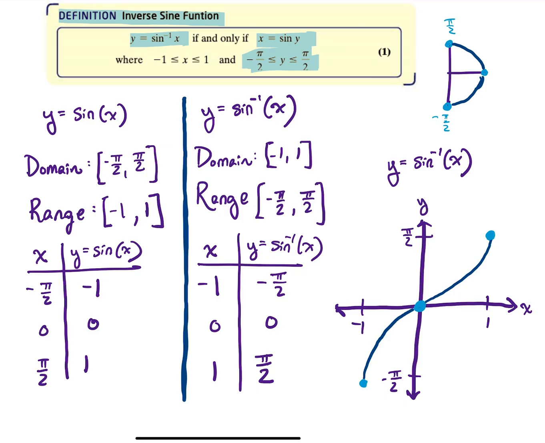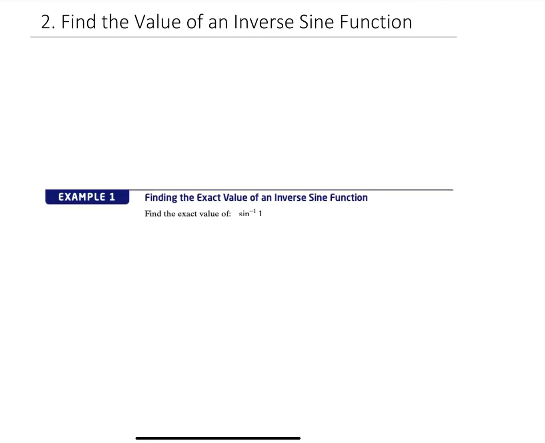So let's try solving a few questions using the inverse sine. So let's find some values. So the thing to keep in mind, which I'll write again up here, is the range of the inverse sine is between negative pi over 2 and pi over 2.